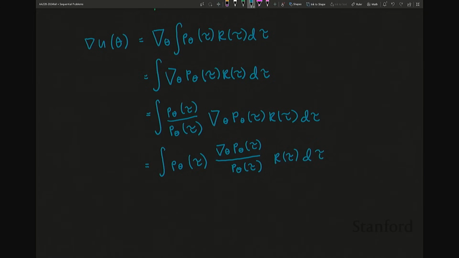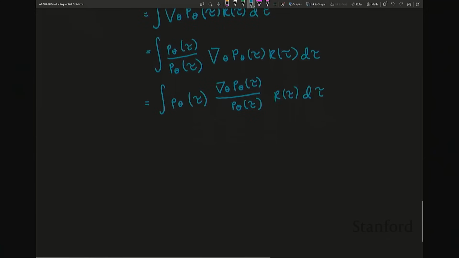And you'll see that when written in this way, the expression that we have is actually taking the form of an expectation. So now we can write this as the expectation over tau of gradient theta, p theta of tau over p theta of tau, r of tau.